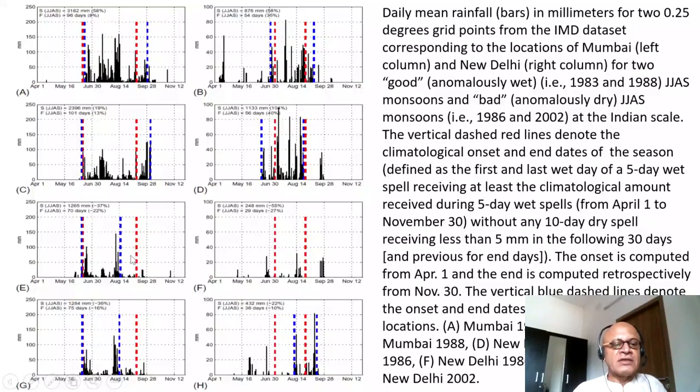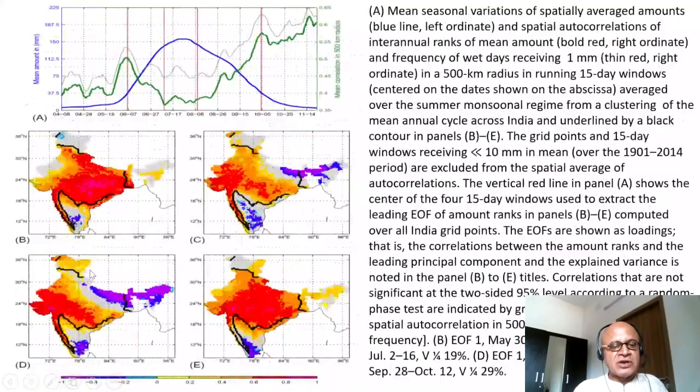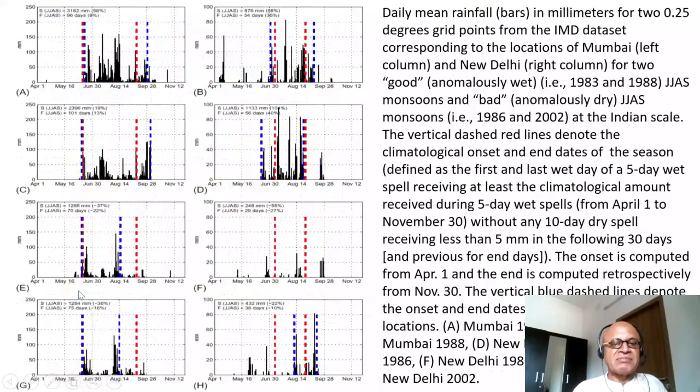Whereas if you look at the dry years of 1986 and 2002, 86 was an El Nino, 83, 84 was an El Nino, but it was not as dry a year because of other things happening. Potentially the Indian Ocean dipole, for example. And you can see here the withdrawal happens much earlier, even though the onset happened around the same time.